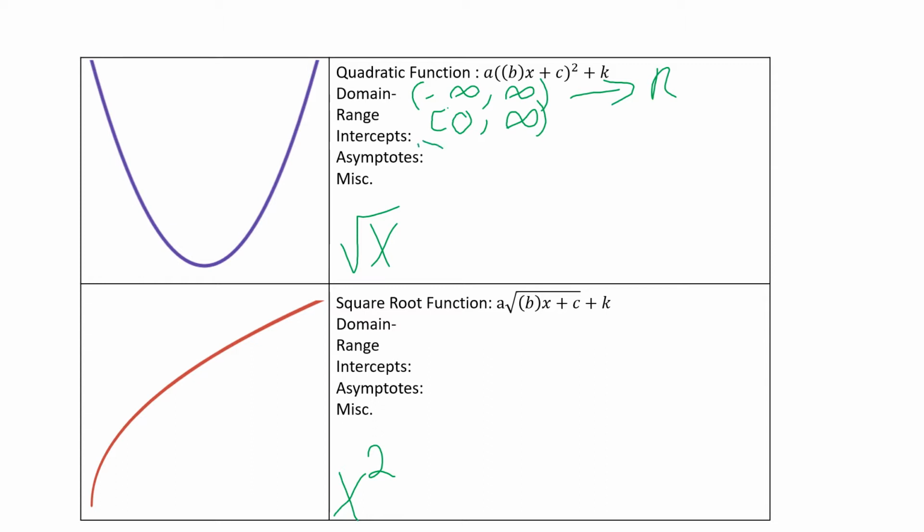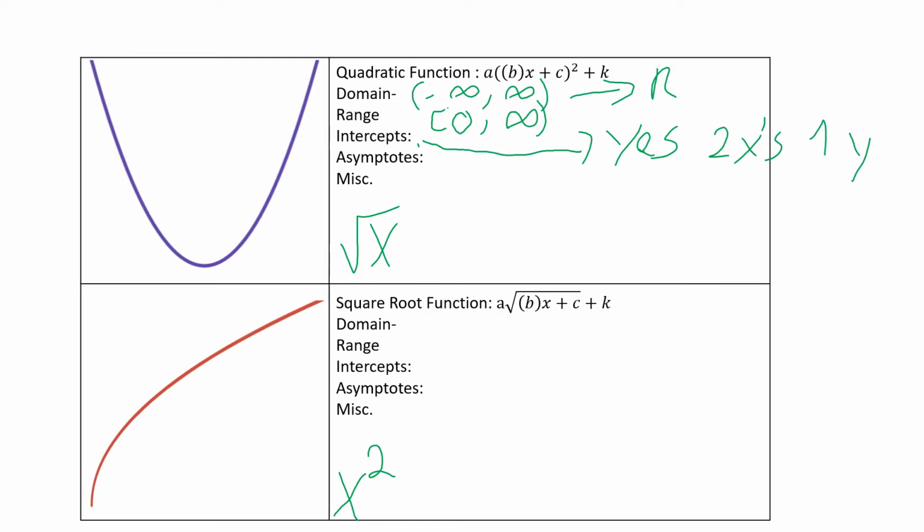Intercepts. The only thing I do is write the word yes, because usually you're going to have more than one. Usually you're going to have 2 x-intercepts. And if you get lucky, you probably have 1 y-intercept too, so it depends. But in this case, you got 2 x-intercepts and 1 y-intercept. Asymptotes.